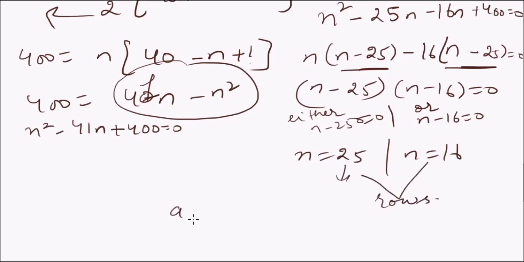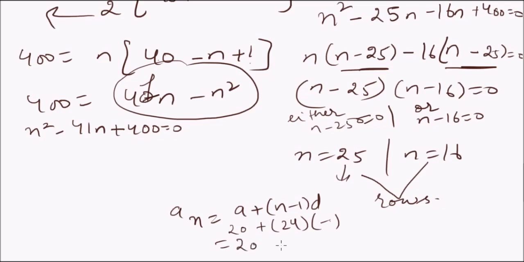The number of logs present in the n equals 25 or 16 row can be found out by using a plus n minus 1 into d, where a was 20 and n as found out is 25, so 24 will be written over here and d is minus 1.